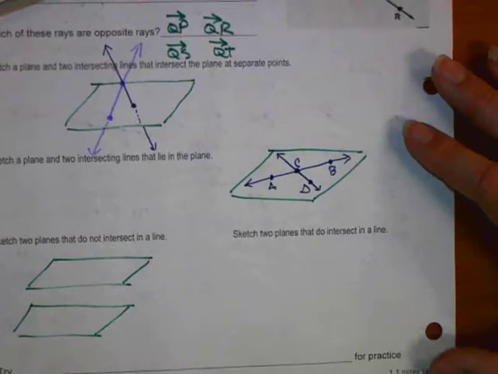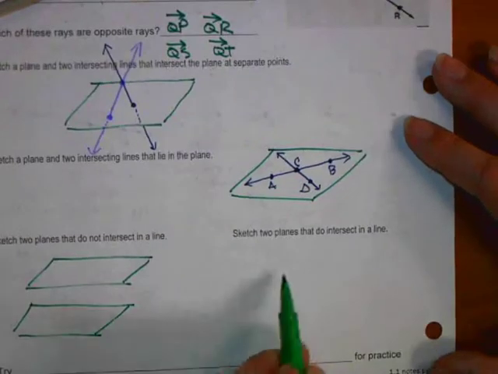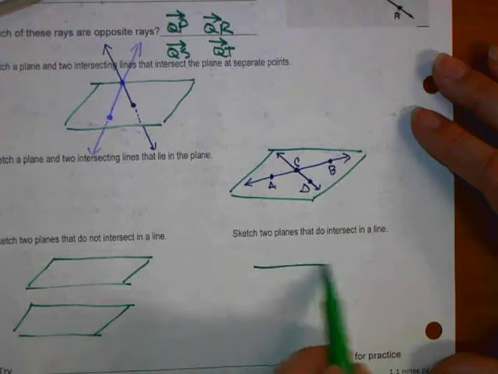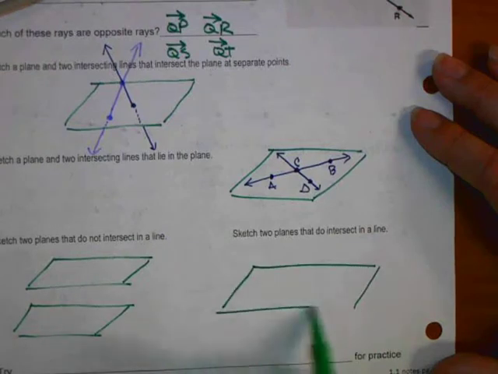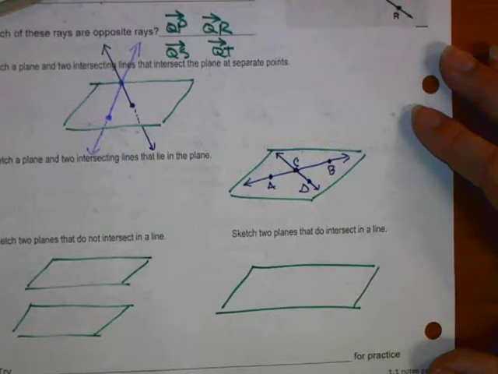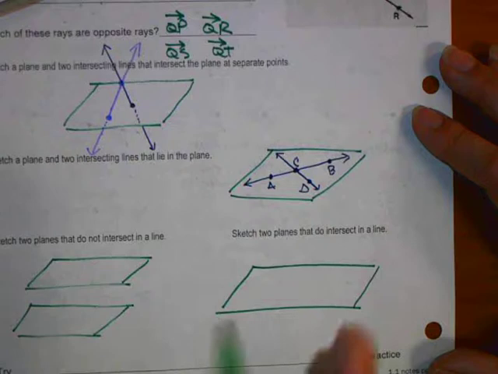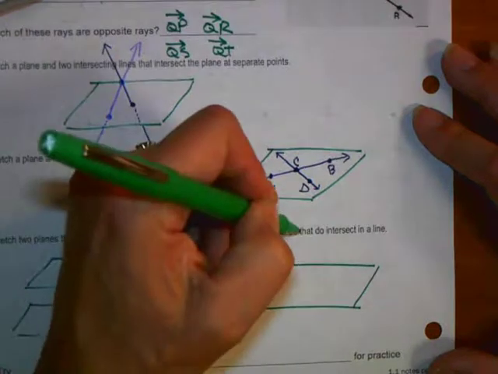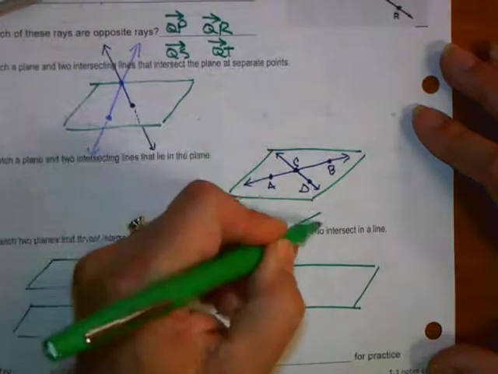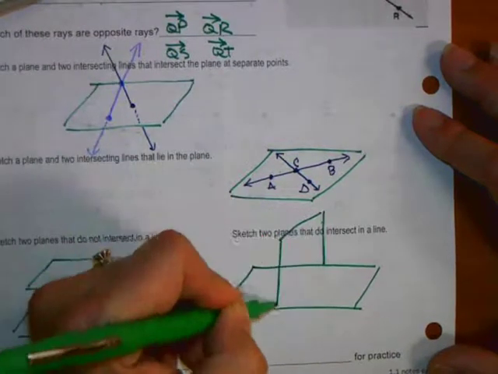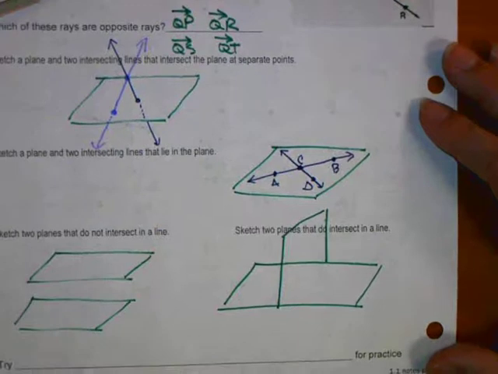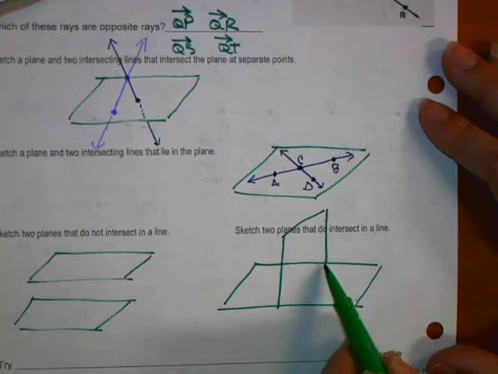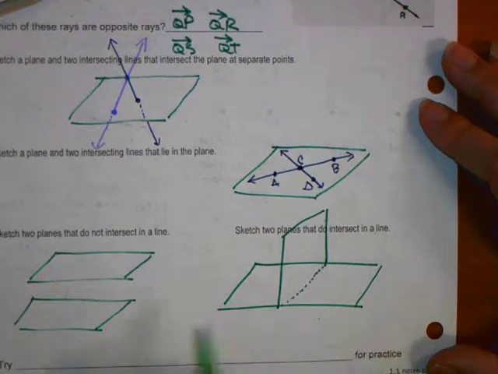Okay, and then the last thing is sketch two planes that do intersect in a line. Okay, so I'm just going to draw this. And then I'm going to try and draw that tipped up. So I sort of do this, and then I come down here like that. That's the top part. And then I do an intersection line. Come down a little bit.